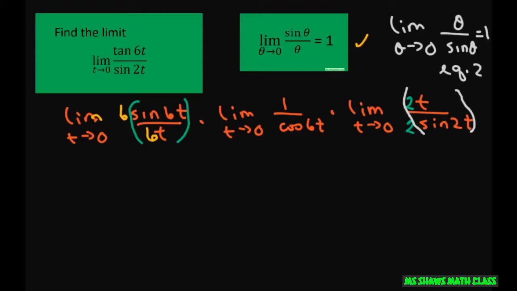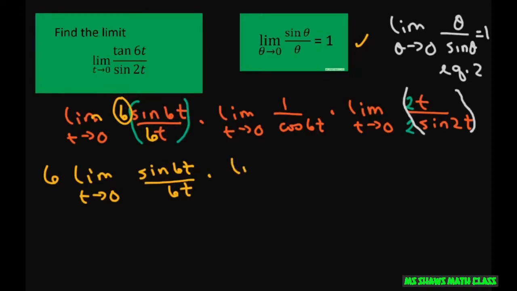So the first thing I'm going to do is bring out this 6, and you get 6 times the limit as t tends to 0 of sine of 6t divided by 6t. Our middle part stays the same.